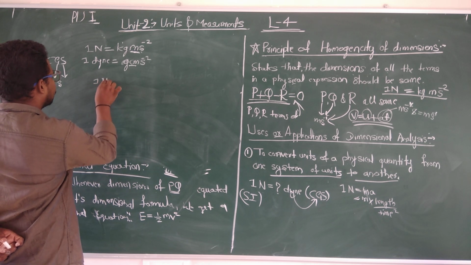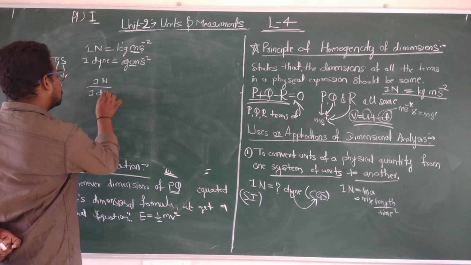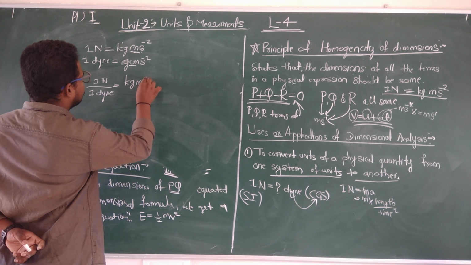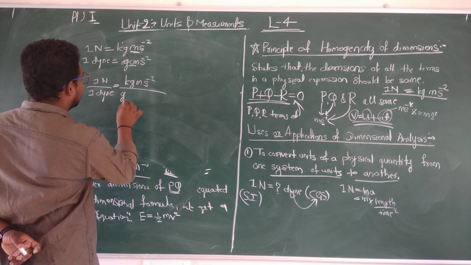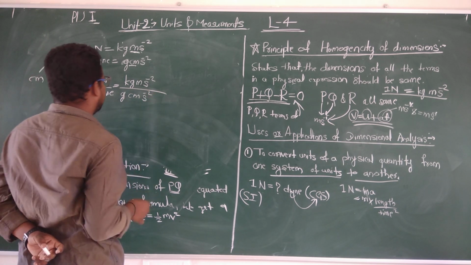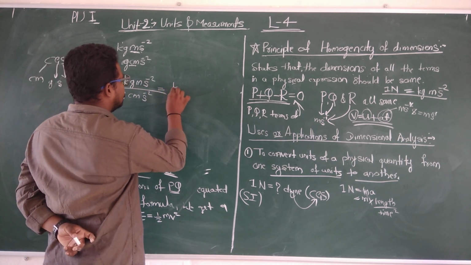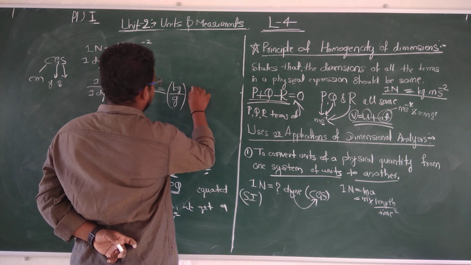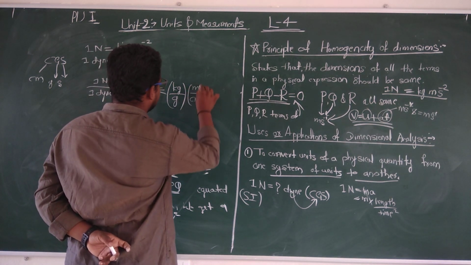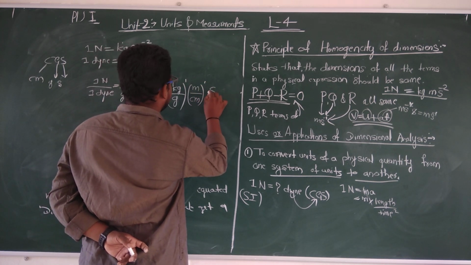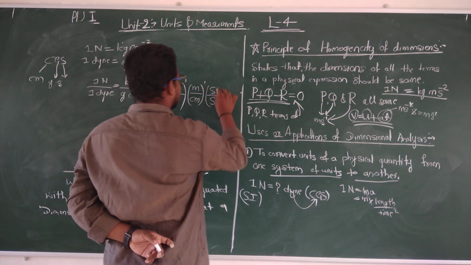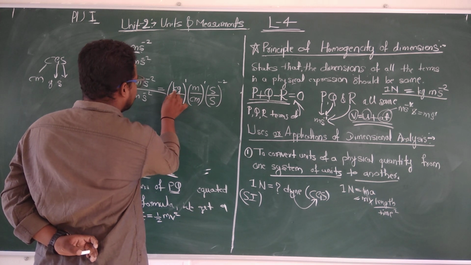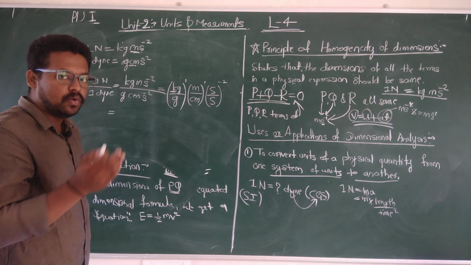So 1 Newton by 1 dyne is kg meter per second square divided by gram centimeter per second square. The next step is to remove the extra prefixes out of the bracket.